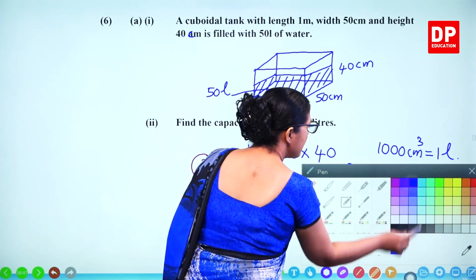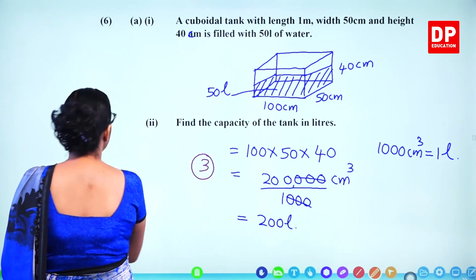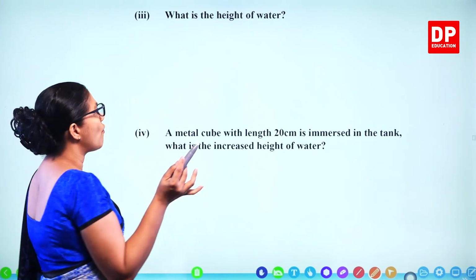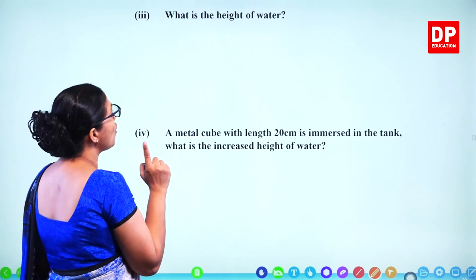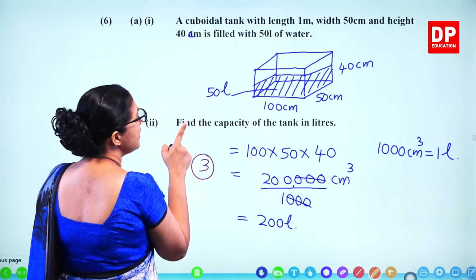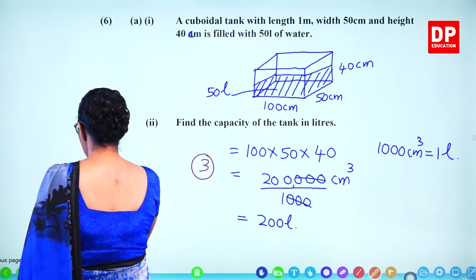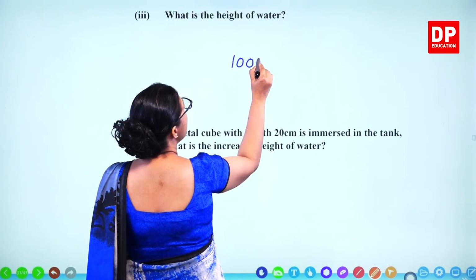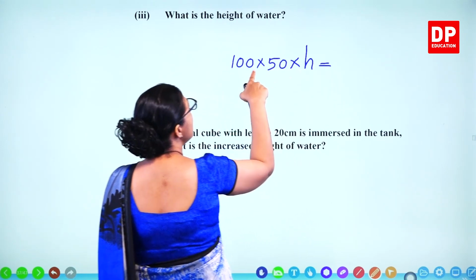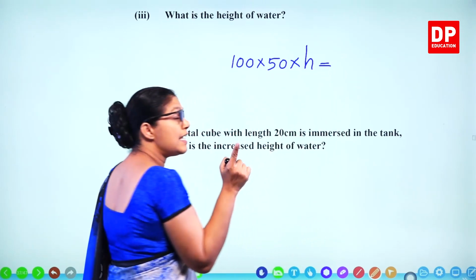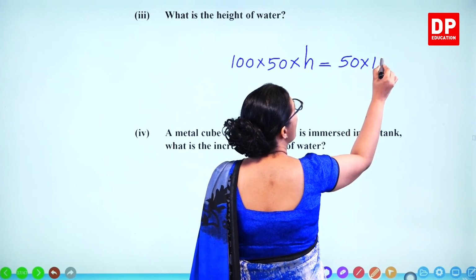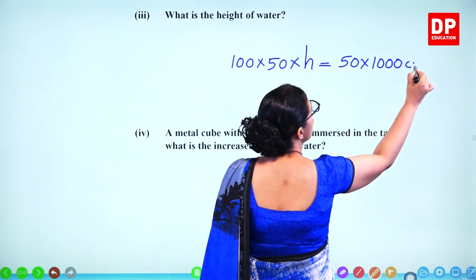Then next one. What is the height of water? Now 50 liters of water is there. So what's the height of water? Length is 100, 50 is the width. So 100 into 50, and we'll take H as the height of water. That's equal to 50 liters. 50 liters means 50 into 1000 cubic centimeters.